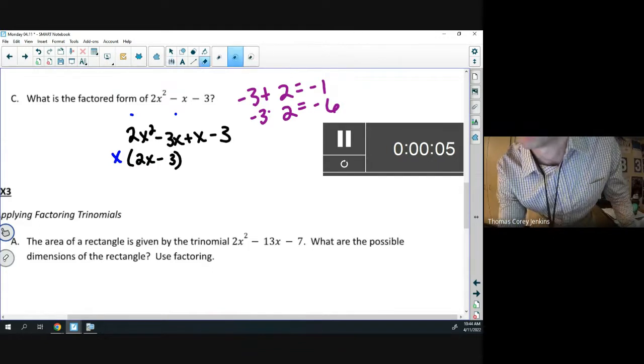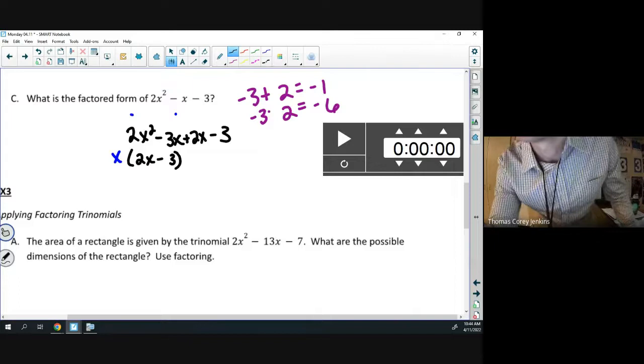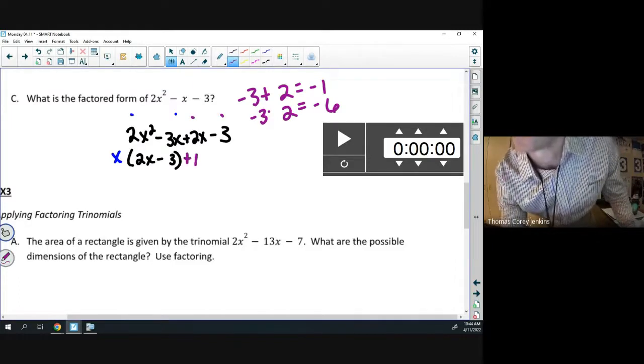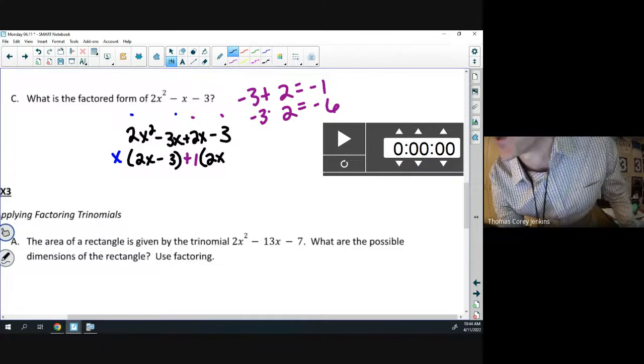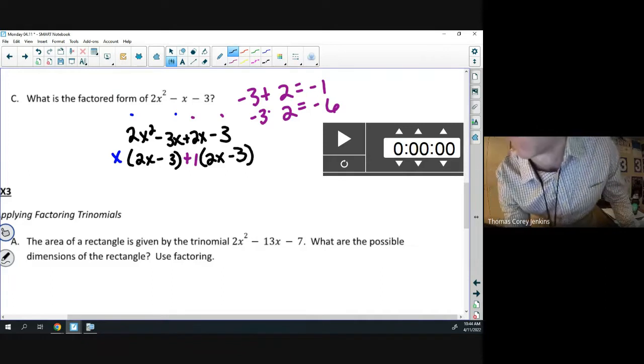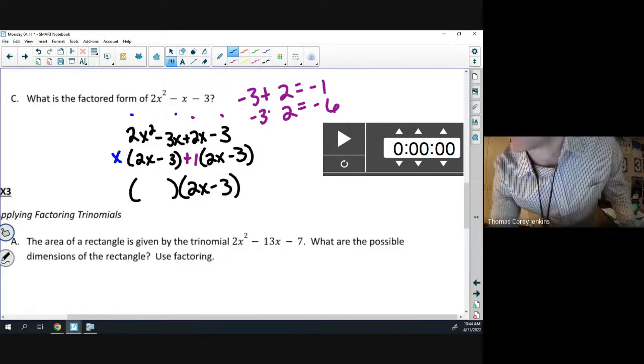All right, so I'm finishing it up now. But again, the idea is hopefully once you get the -3 and the 2, you kind of know how to handle it from there. So our two factors are 2x minus 3 and 1x plus 1.